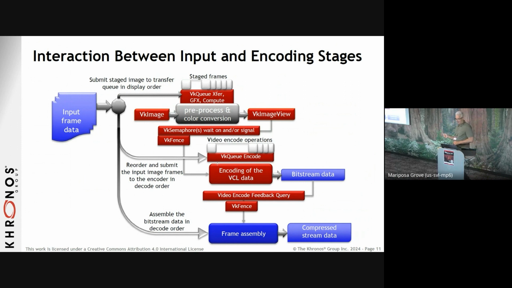Yes, it is. When you query the queues, when you discover your video queues, those queues are going to advertise not only encode or decode operations, they're probably going to advertise other operations. They may advertise transfer operations, they may advertise compute and so forth. So based on the implementation, it is completely possible for us to collapse this entire processing: you could do a transfer operation where you transfer from linear to, let's say, optimal, and then do encode and so forth.